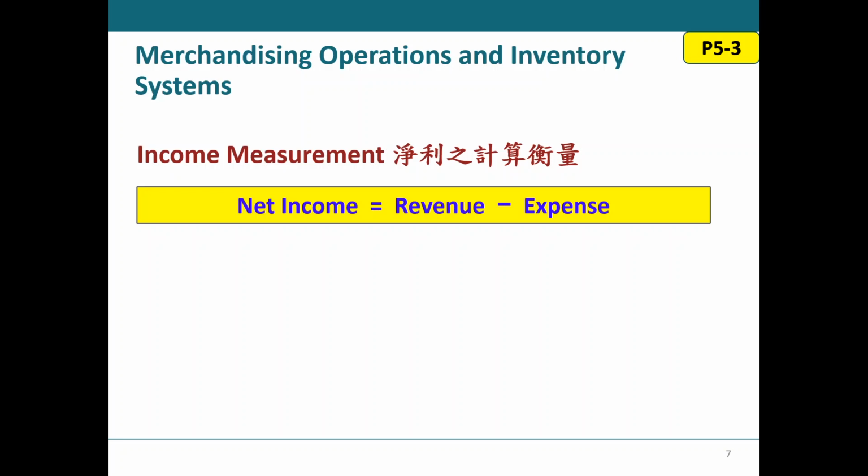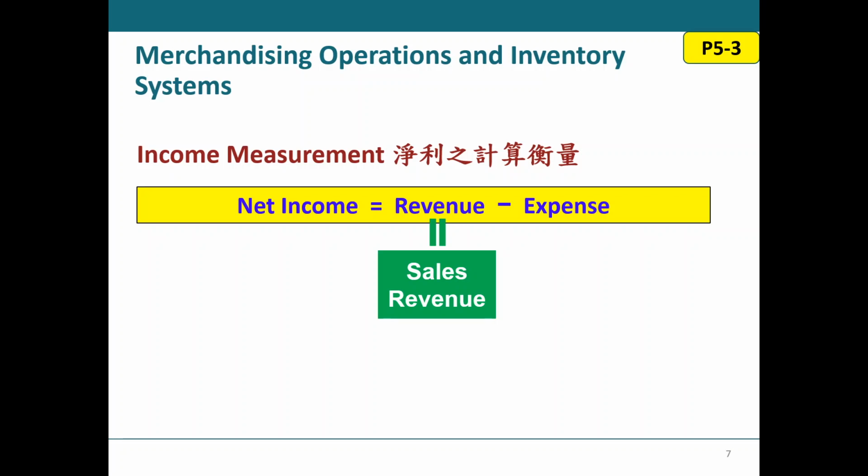Right now, in chapter 5 and 6, when we talk about inventory, this revenue we call sales revenue or service revenue. Sales revenue, right? Because we sell the product to earn sales revenue.